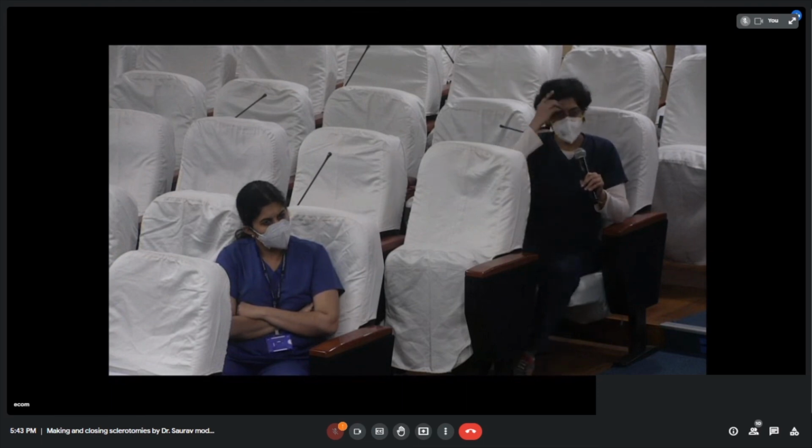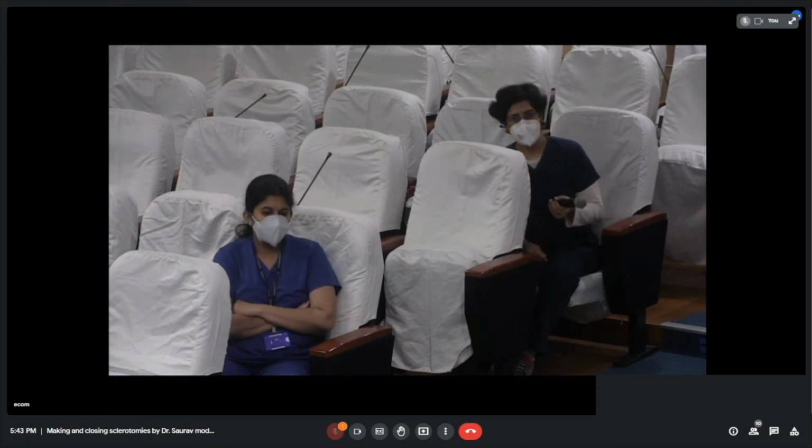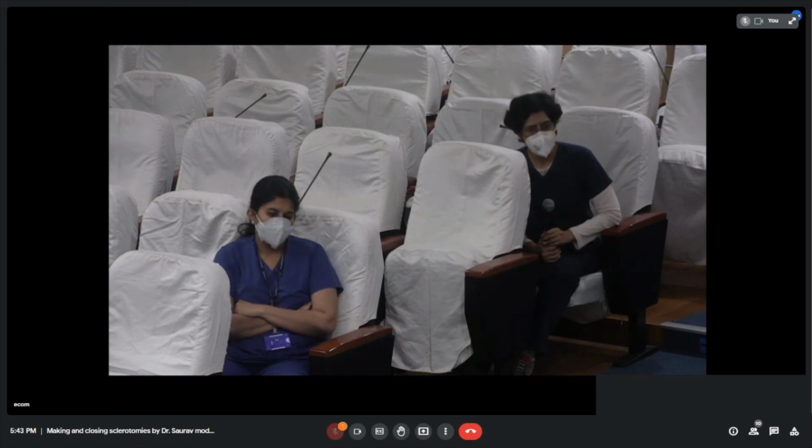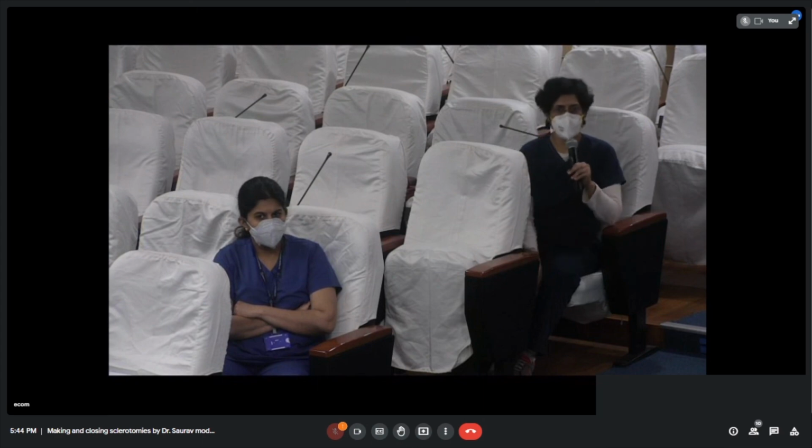How will you differentiate? In geographic atrophy, the typical area of involvement is temporal to the fovea, but in the case of atrophy following CNVM, it will be in the fovea mostly. It appears more like scarring as compared to atrophy.